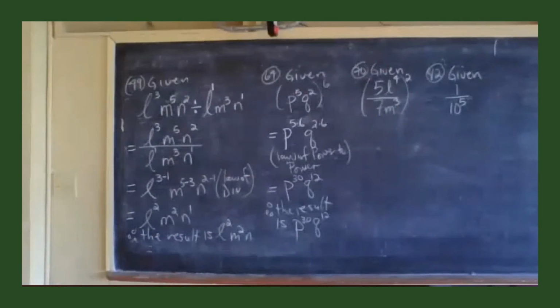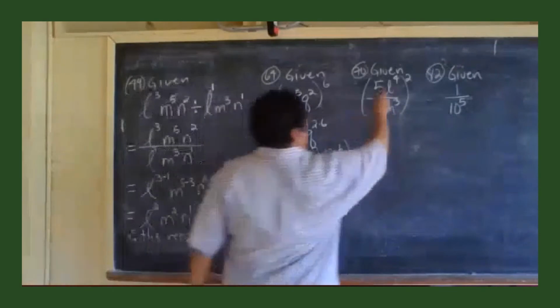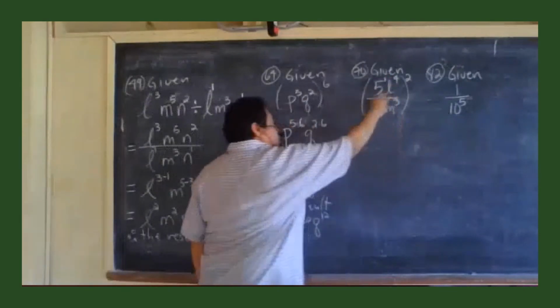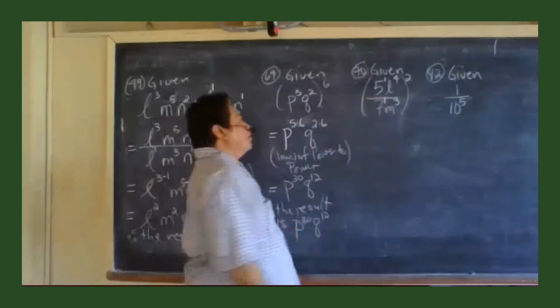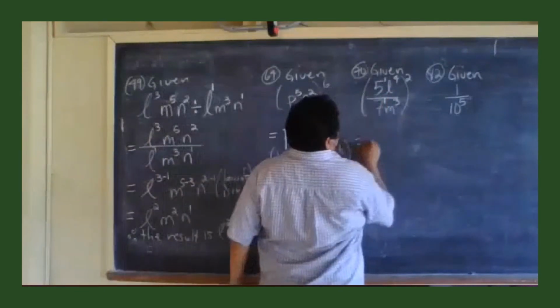Let's look at number 70. Number 70 says 5L to the fourth over 7M to the third, all squared. The first thing I'm going to do is put the power of 2 on the 5 and the 7, and then I'll apply power to power.